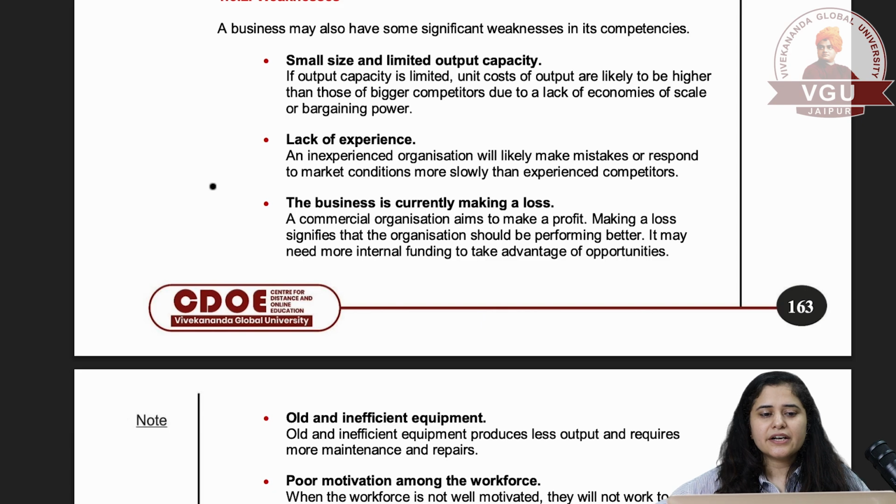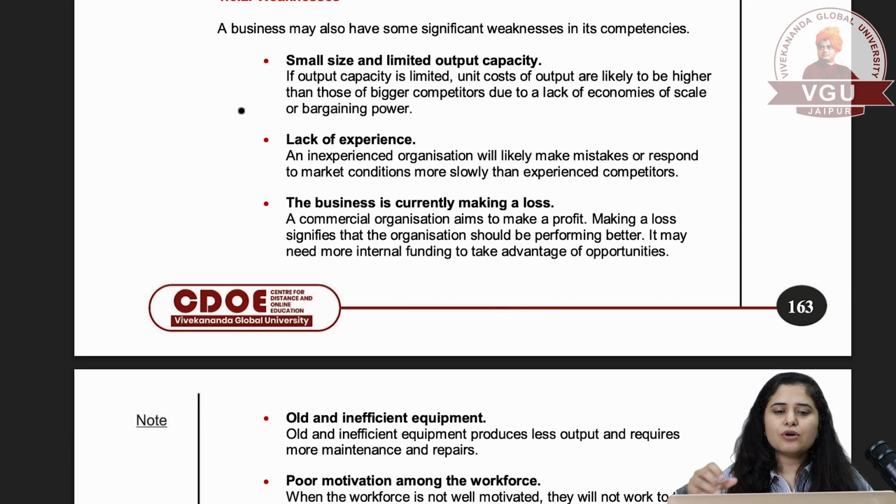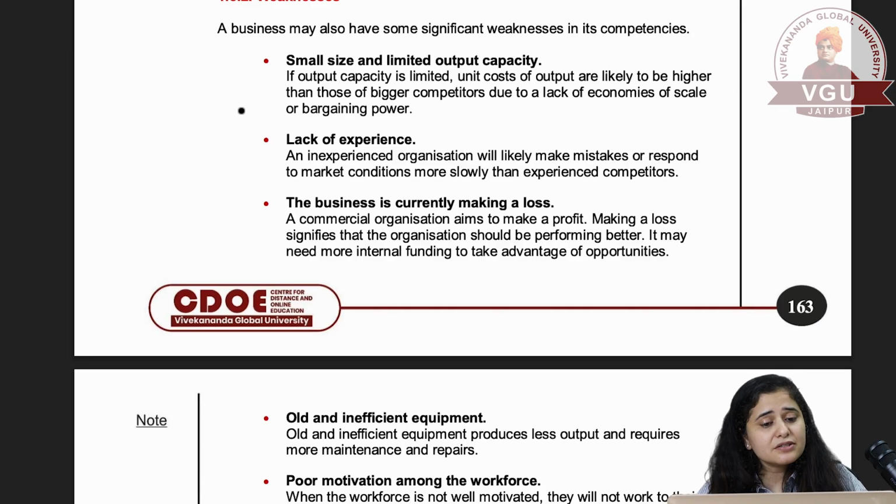And weakness is just the opposite of strength: a business may also have certain weaknesses in its competency. Maybe you lack experience, or you have a small size of land available, so capacity is limited, or maybe your business is currently making a loss and the competitors are winning or capturing the market. These are all weaknesses.